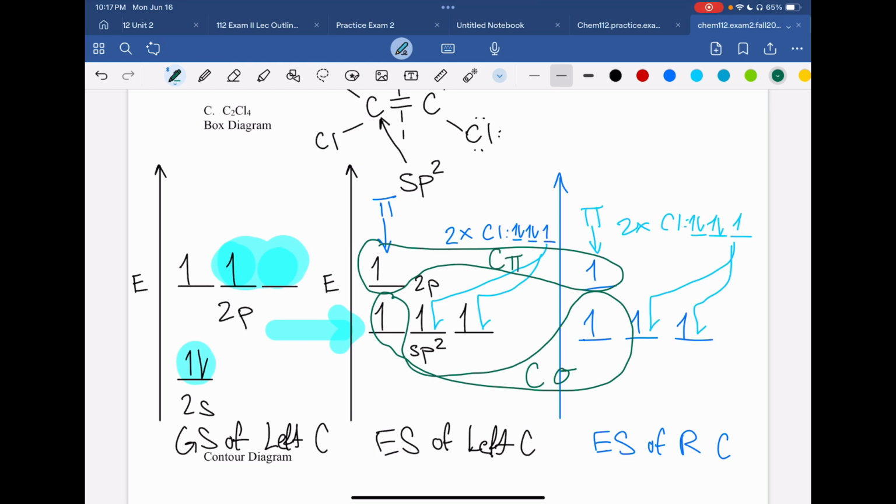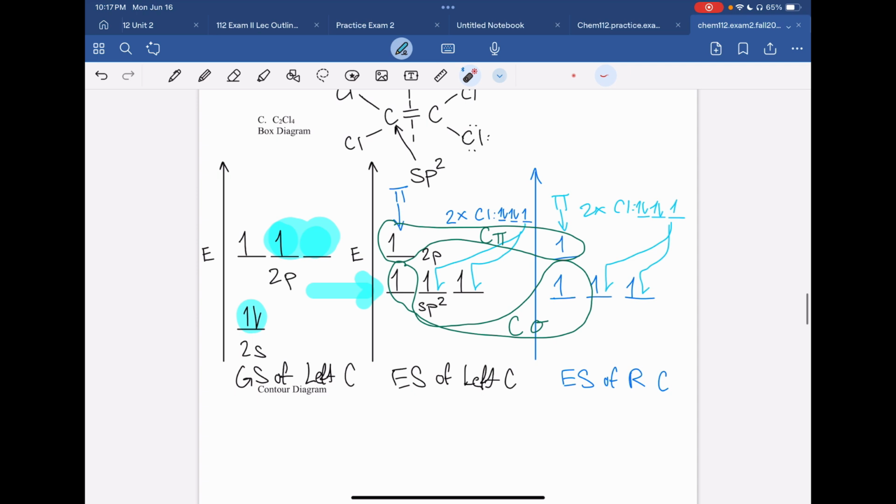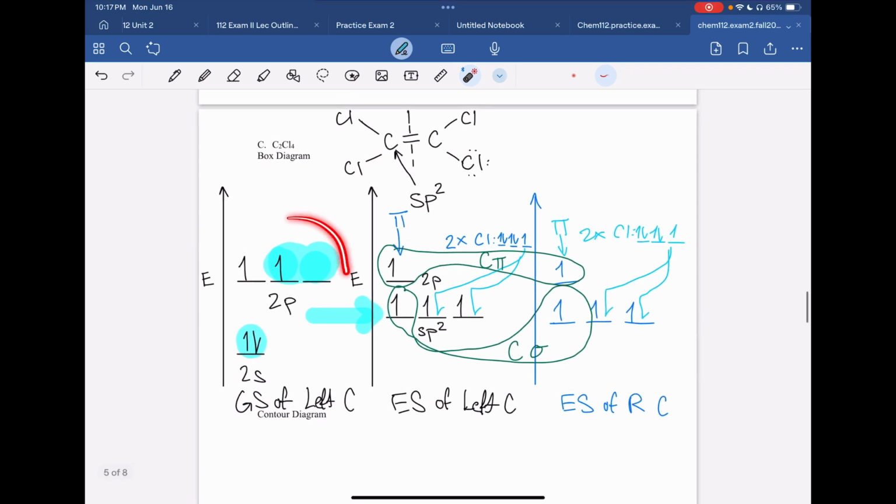That's how it works. So actually, do show your work for the right carbon, but you only have to show your work for the excited state of the right carbon. So do it like this: ground state of the left, excited state of the left, and then only the excited state of the right.